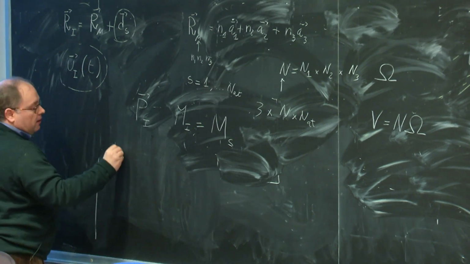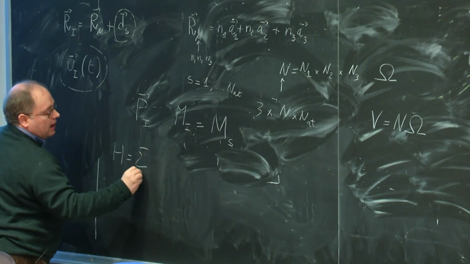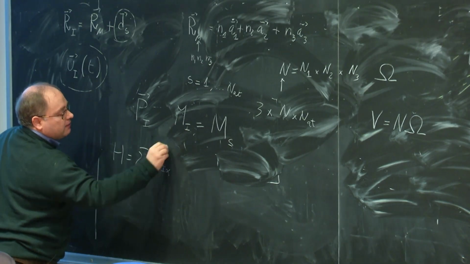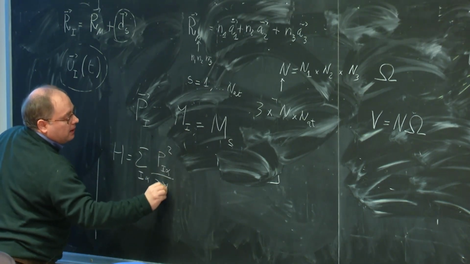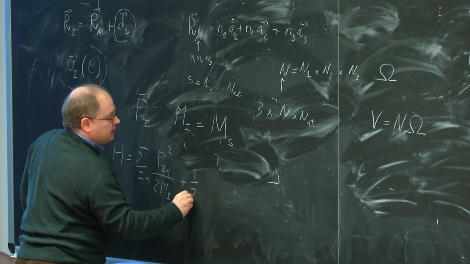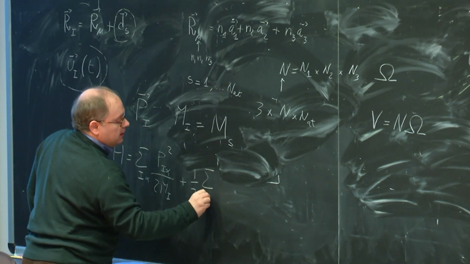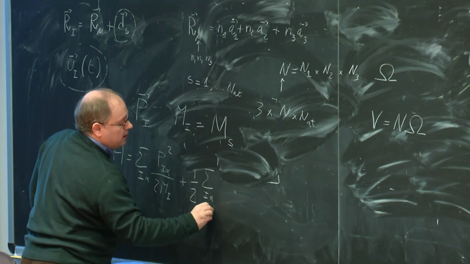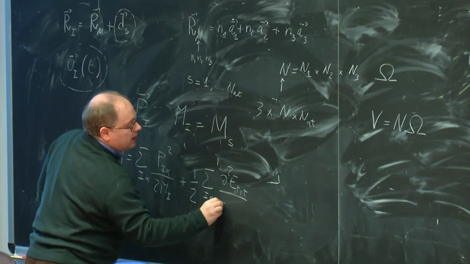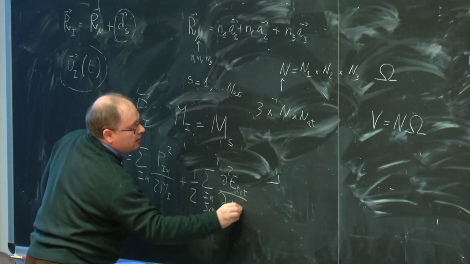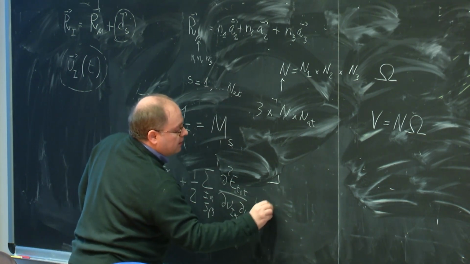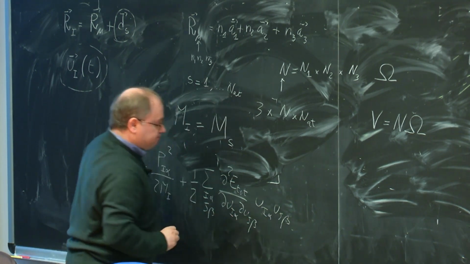So our Hamiltonian is the sum over I and alpha of p I alpha squared divided by 2 m I, plus 1/2 the sum over I alpha and J beta of the second derivative of the total energy with respect to U I alpha and U J beta, times U I alpha and U J beta.